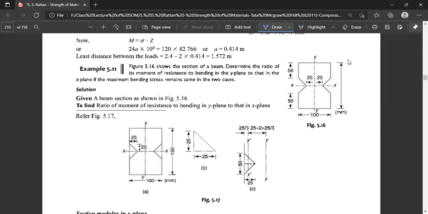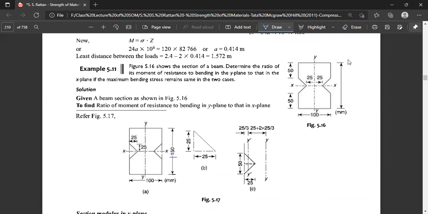So what we have here is a cross section which is mostly rectangular in shape, of 100 millimeter width, and height is given as 150 millimeter. This distance is given as 25 from here, and this is also 25 from here. There is a notch here in the section. And we have the section XX from here and section YY from here.